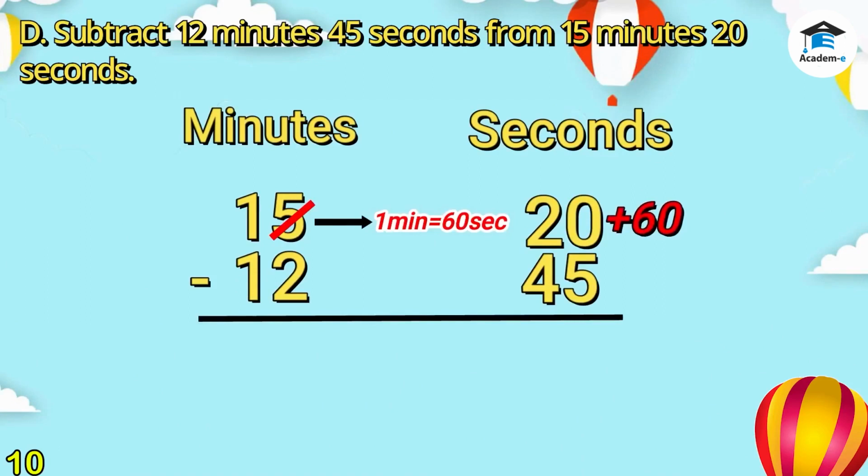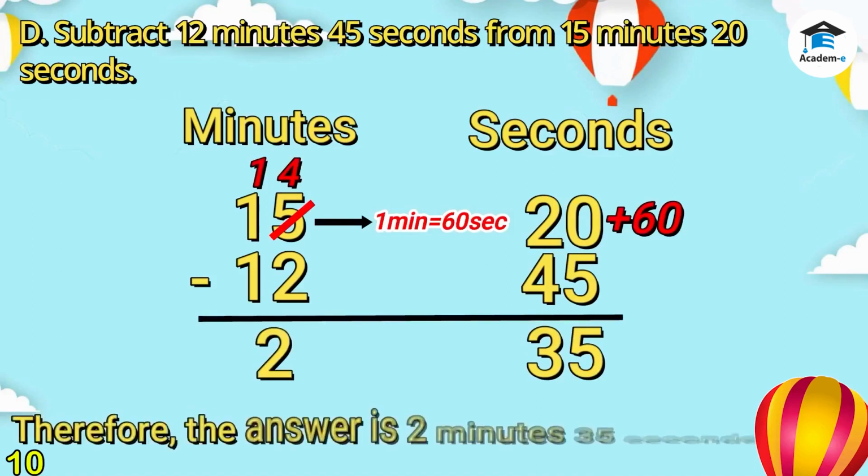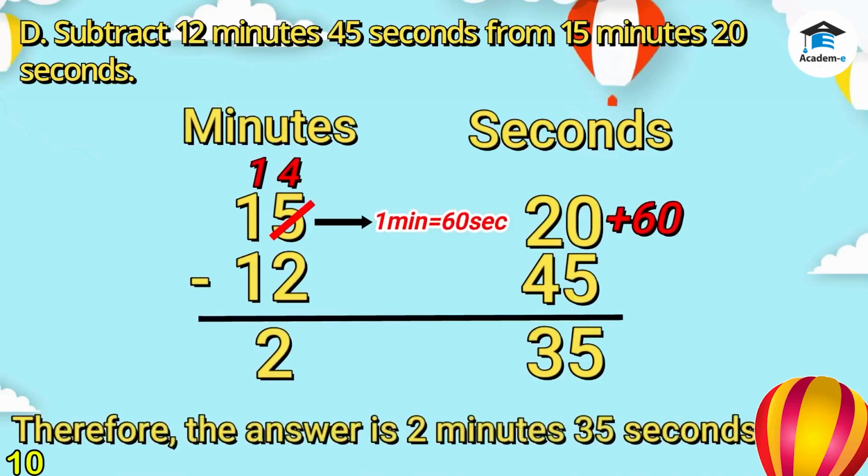We can now subtract 45 seconds from 80 seconds. The result is 35 seconds. Write 35 in the seconds column. Then, subtract the minutes. That is 14 minus 12, which is equal to 2 minutes. Therefore, the answer is 2 minutes 35 seconds.